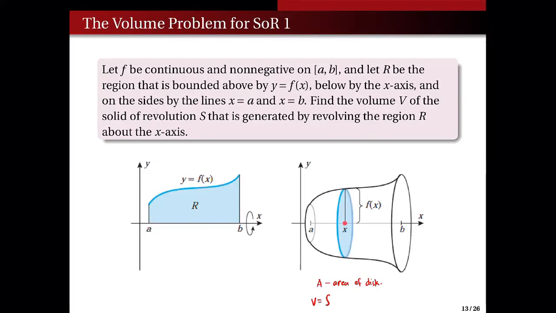This is the right side, which is at x equals b. This disc, you can move it from x equals a up to x equals b. So the volume will be from a up to b, and the area of the disc at this particular x. So you have A of x, and then you will have the dx. And take note, we just followed the same formula as in the first part.